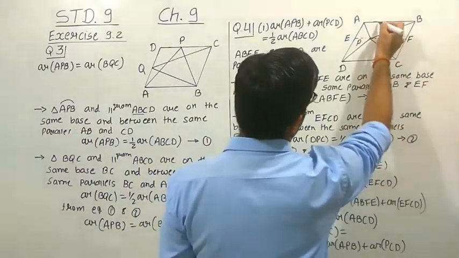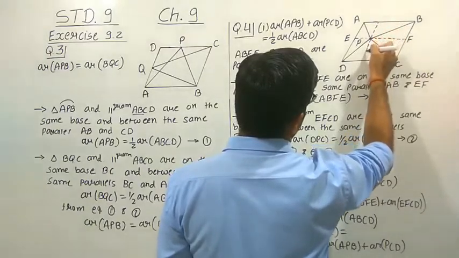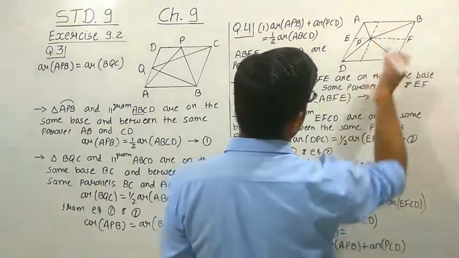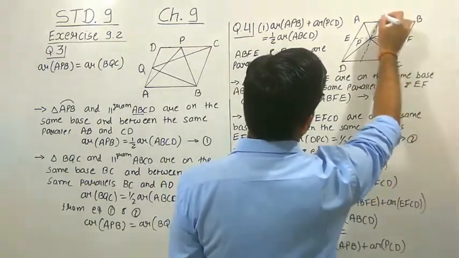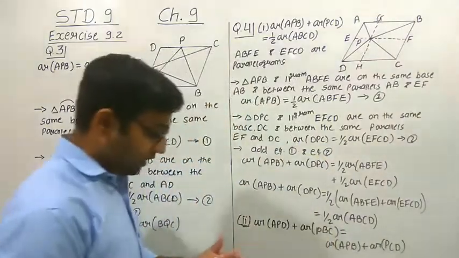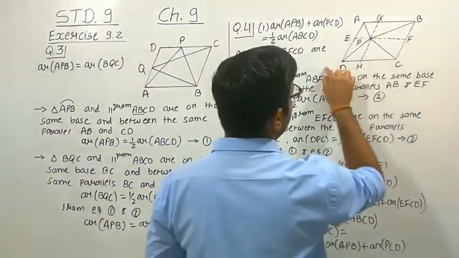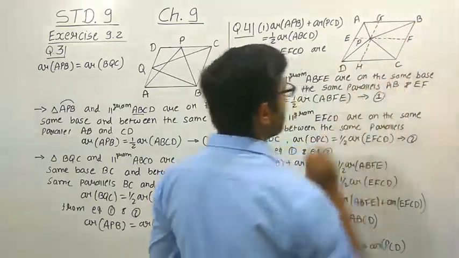Take P as a point and from here draw a line; we can name it G and H. Again two parallelograms are formed here, one is AGHD and one is BGHC.